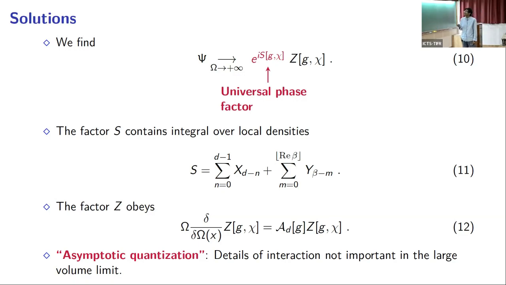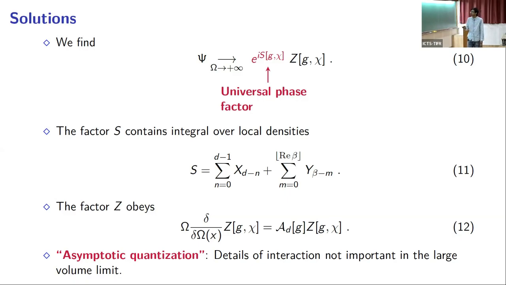Now this is a universal phase factor, and it contains integrals over local densities, and we have some form of S, with some x and some y. This x to the power d minus n goes like omega to the power d minus n, and similarly this y to the power beta minus m goes like omega to the power beta minus m.